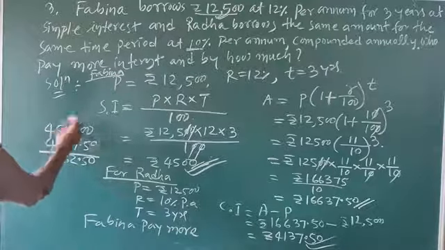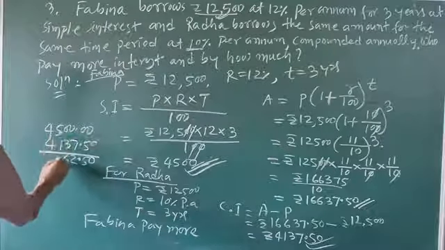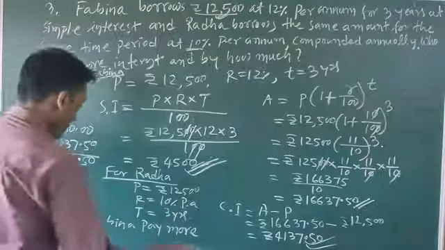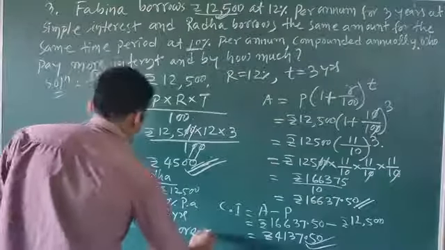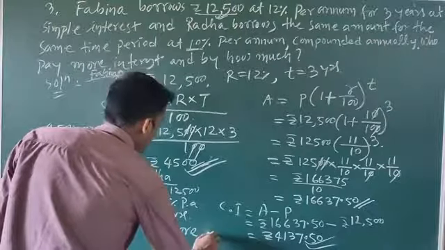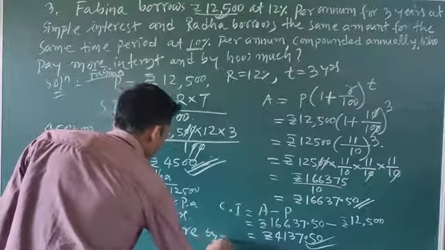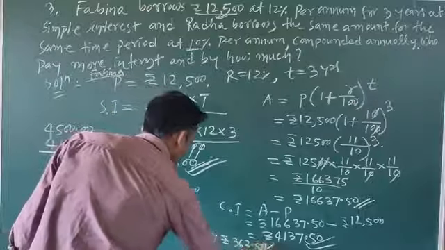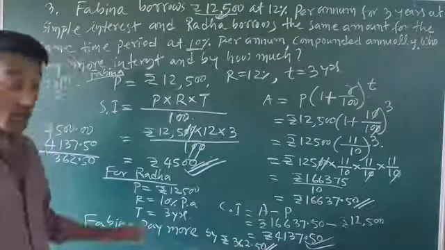Here 4, 1 we carry, isn't it? 4 minus 1 is 3. 4 minus 4 is 0. So Pavina pays more by rupees 362.50. So this is your solution.